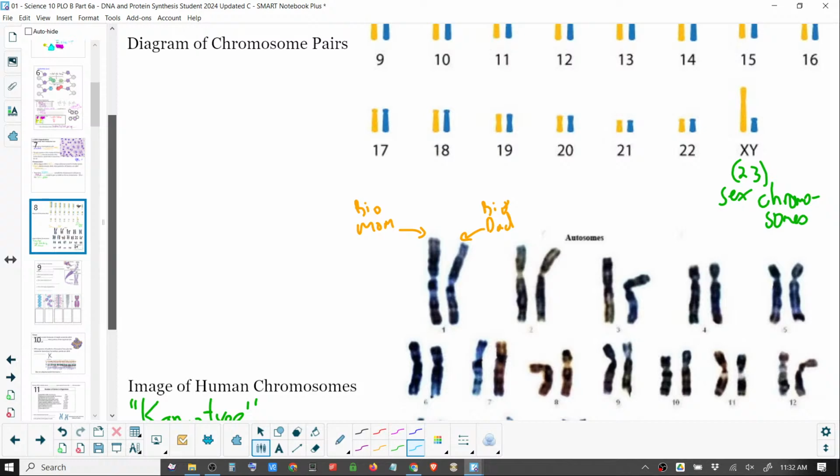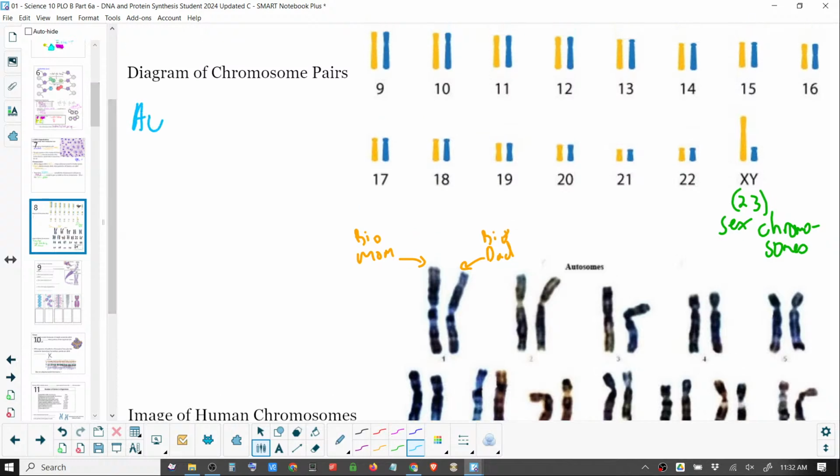Now, humans have 46 or 23 pairs. One from mom, one from dad. A horse has 64. So how many pairs do they have? How many parents?